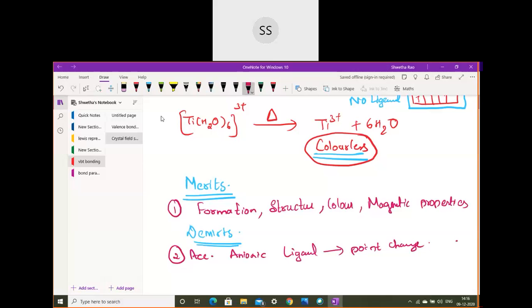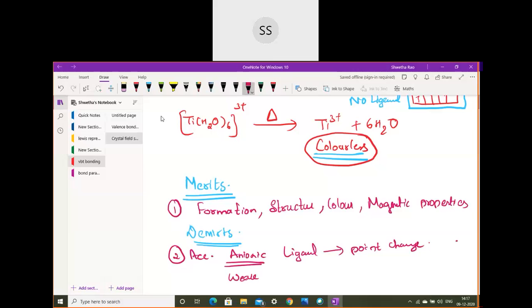If that is the case, then the anionic ligand should have been the strong field ligand, and the ones having a dipole, showing charge separation, should have been the weak field ligands. But according to their assumption, things did not work out.